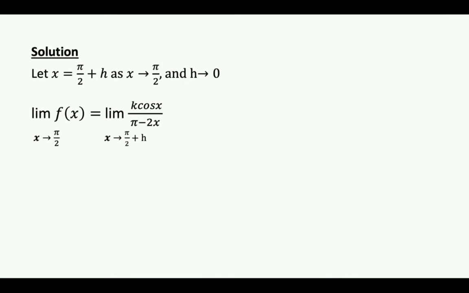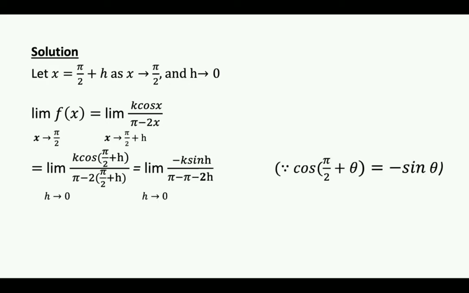So, limit x tends to pi by 2, f(x) equal to limit x tends to pi by 2, k cos x upon (pi minus 2x) equal to limit h tends to 0, k cos (pi by 2 plus h) upon (pi minus 2 into (pi by 2 plus h)). Here h is very small, tending to 0.